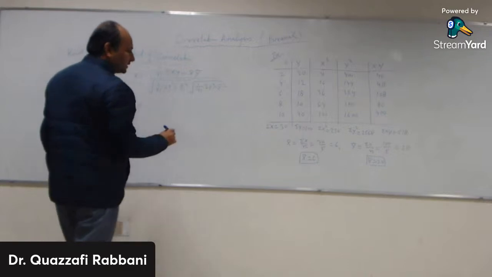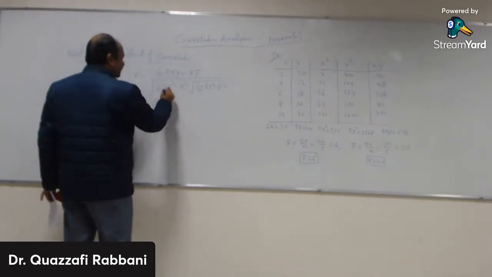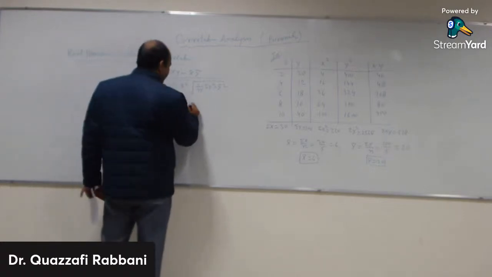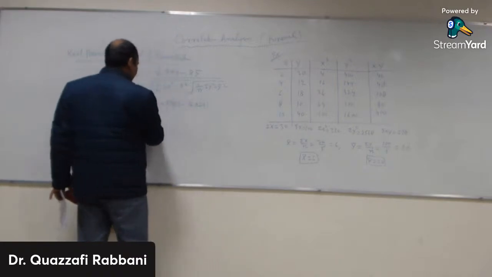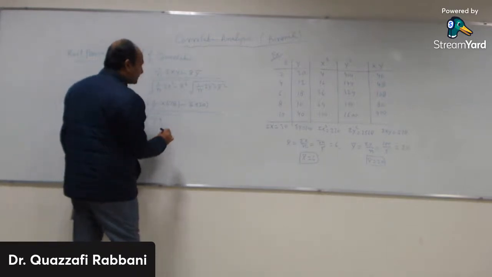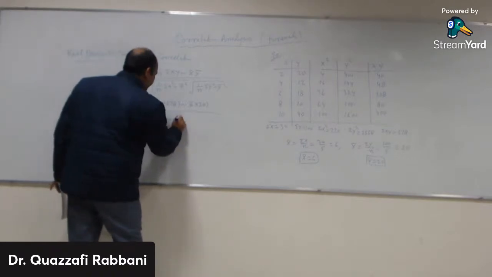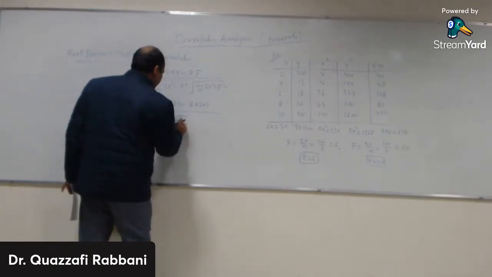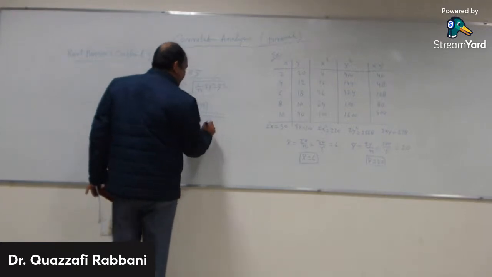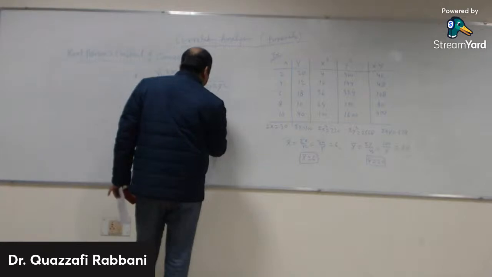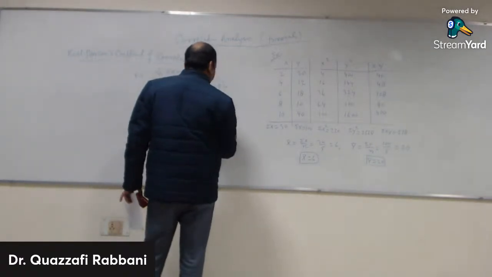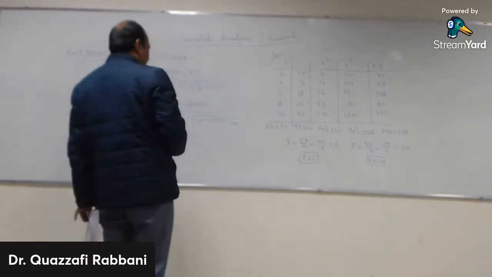Putting in the values: 1 upon 5 into 678 minus 6 into 20, divided by under root 1 upon 5 into 220 minus 36, x bar square is 36, and under root 1 upon 5 multiplied by 2568 minus 20 square, which is 400.